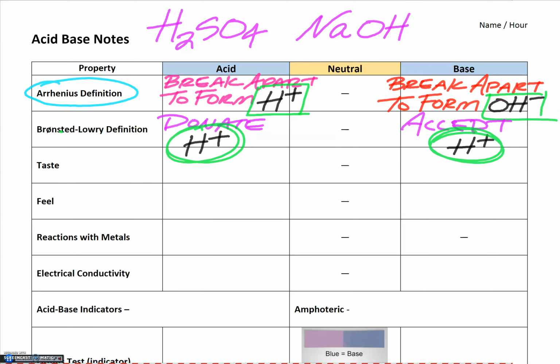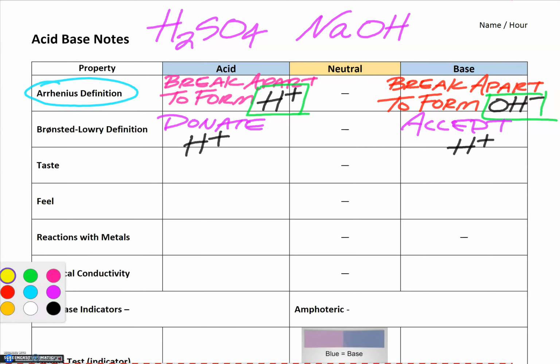Let's talk about the taste and some of the properties that are very easy to spot. So think about acid, think about citrus fruits, vinegar, things that we actually use in food products. The key thing that's going to come up is the taste. The acids are going to have a sour taste.